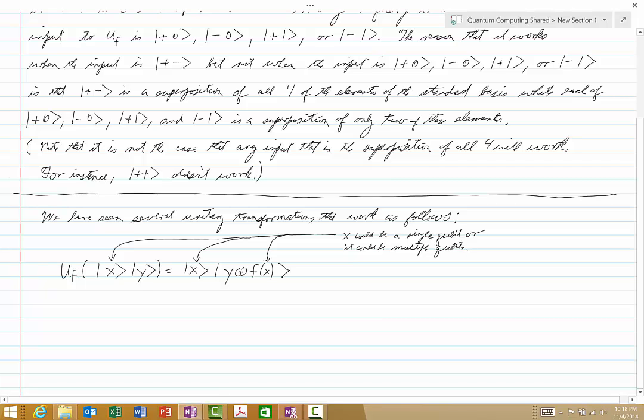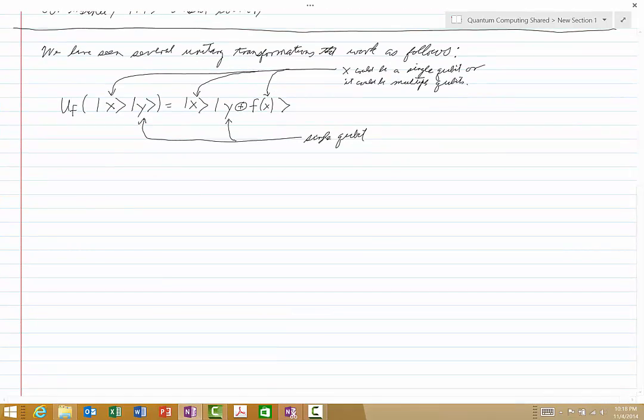But Y here is a single qubit. Now, just to make sure you follow what I'm talking about, let's turn to our most commonly used example, the Toffoli gate.